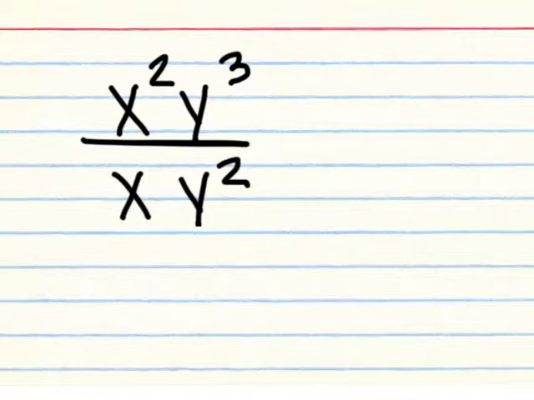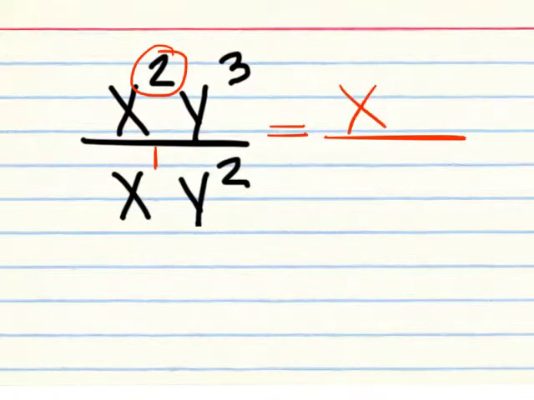X squared y to the third over x y to the second. Simplify the x's first. X to the second over x to the first. Your largest exponent is on top, so it's 2 minus 1. You're left with x to the first power on top. Your x goes where the largest exponent was.